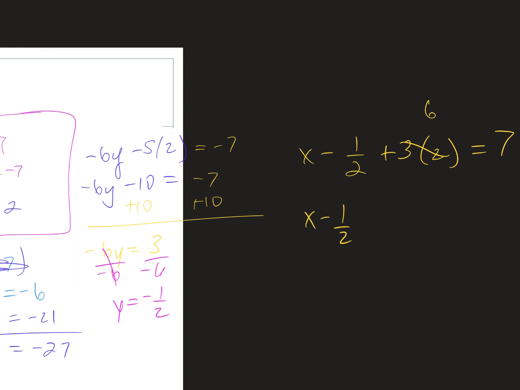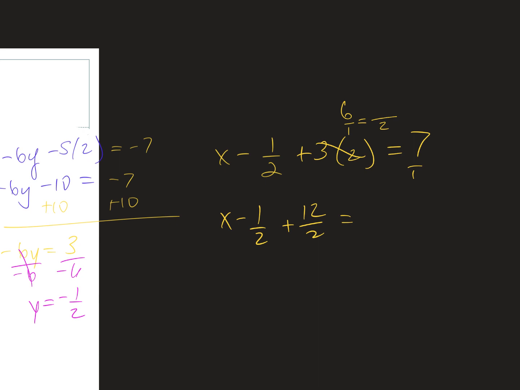How could you write 6 as halves? 6 over 1 becomes what? 12 over 2, okay. Can I go ahead and change 7 into halves? 7 over 1 is going to become what? 14 over 2? All right, just makes your math a little easier. So I have x plus 11 over 2 equals 14 over 2.